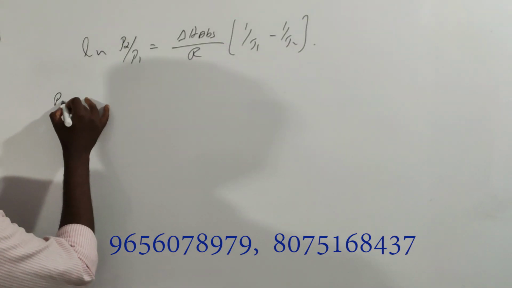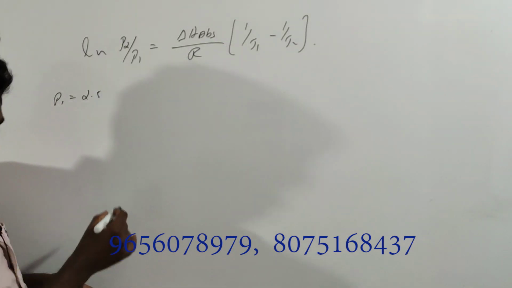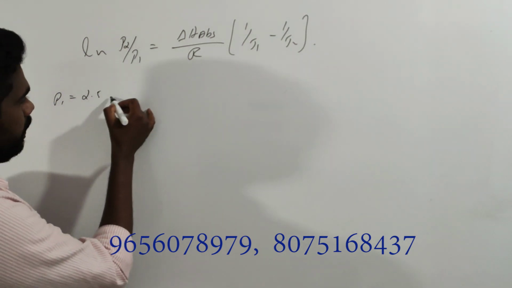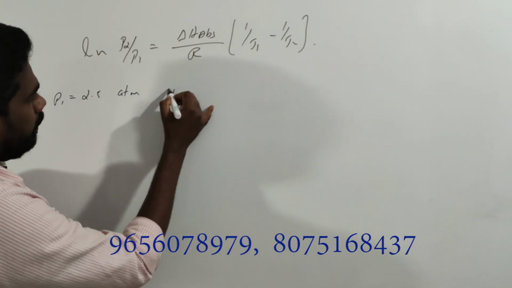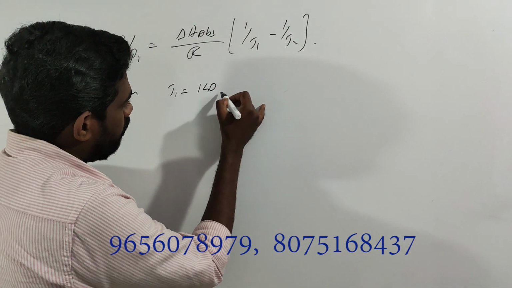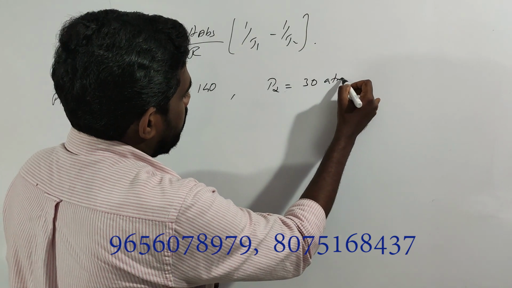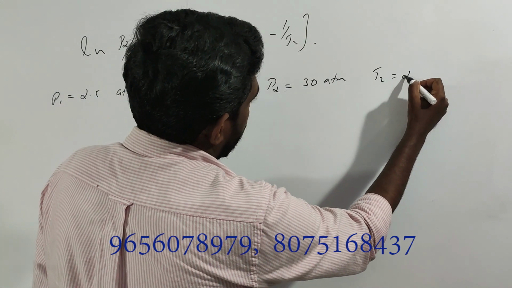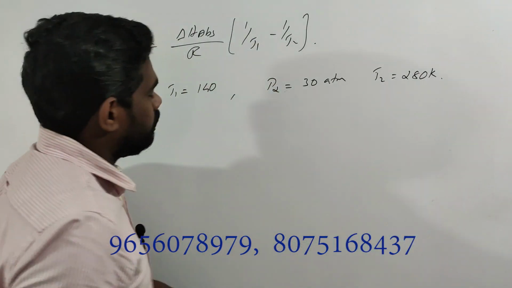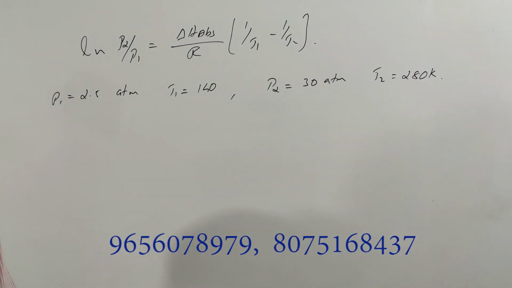P1 equal to 2.5 atm, T1 equal to 140 Kelvin, and P2 equal to 30 atm and T2 equal to 280 Kelvin. All the values are given, just directly substitute.